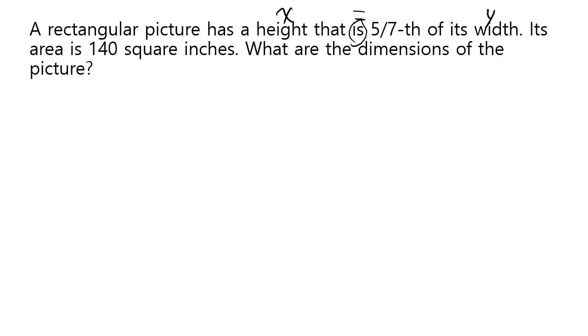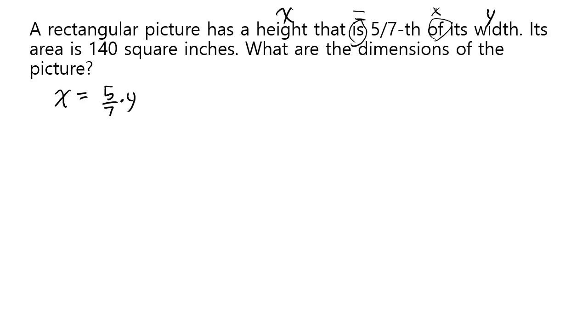And here's an important fact that you have to know: if you have some number "of" another quantity, this "of" should be thought of as multiplication. So we have x equals 5/7 of, meaning multiplication, y.